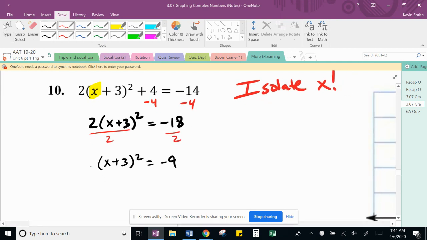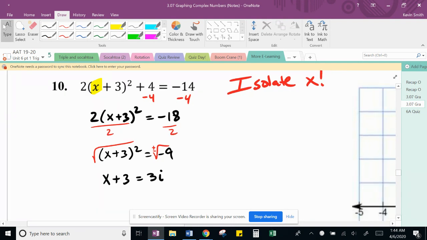Got to take the square root. Again, don't forget that plus or minus. That's where we get our 2 solutions. So we get x plus 3 equals plus or minus 3i.